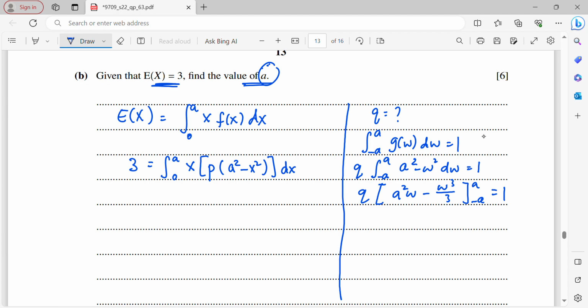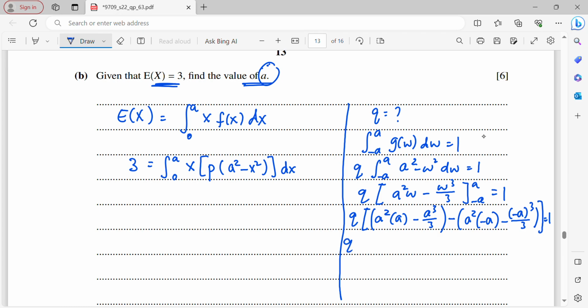Okay, then now I have to replace the W by a. So I will get Q bracket a squared times a minus a cubed over 3, then minus, when the W is minus a, a squared bracket minus a minus a cubed over 3. That equals to 1.